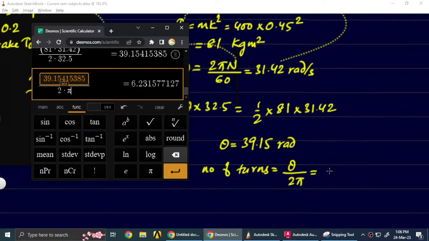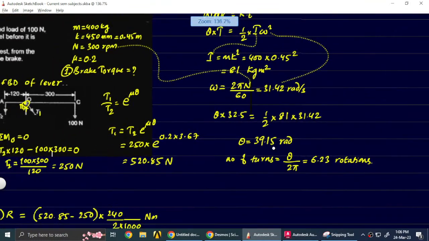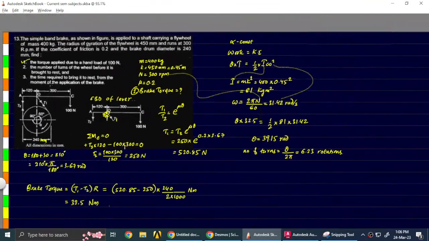So that's giving us 6.23. So these many rotations. That means 6 complete rotations and almost a quarter of another rotation. So 6 and 1/4 rotations it's going to complete till it comes to rest. So that means we have solved the second bit as well.